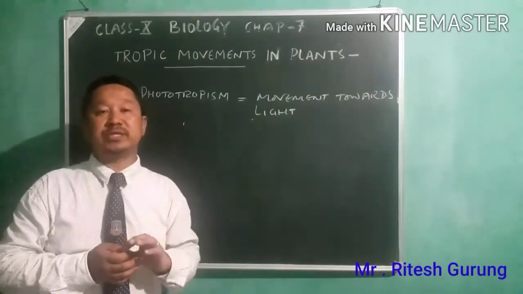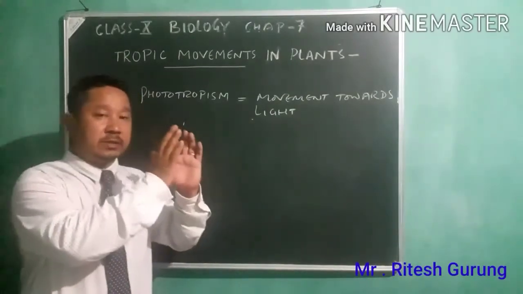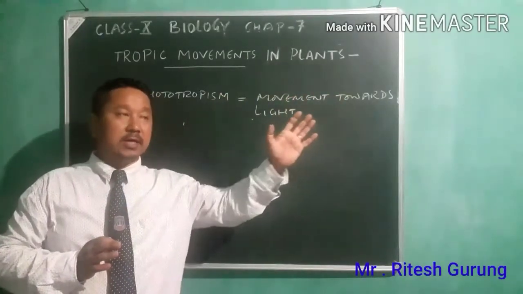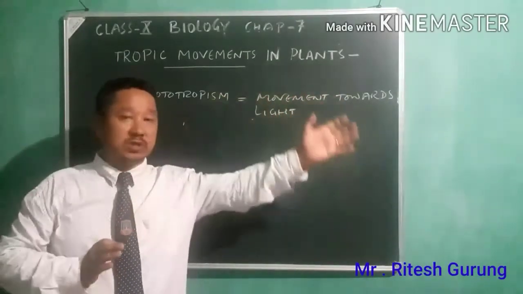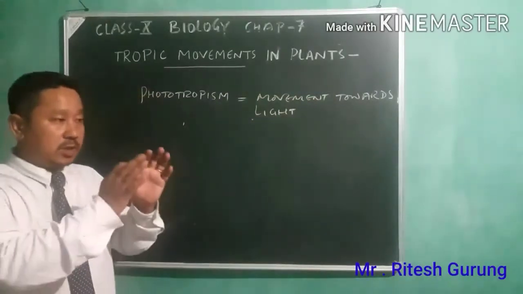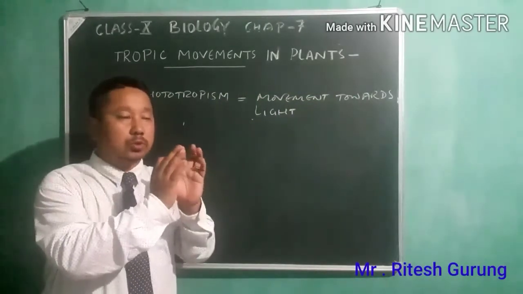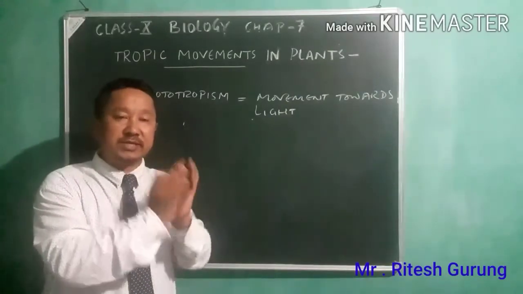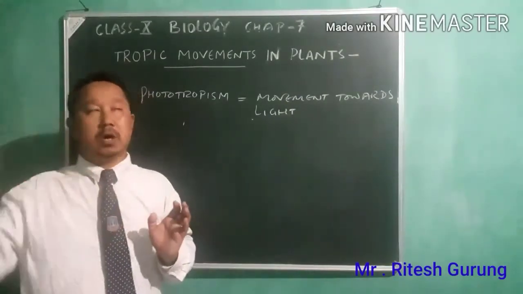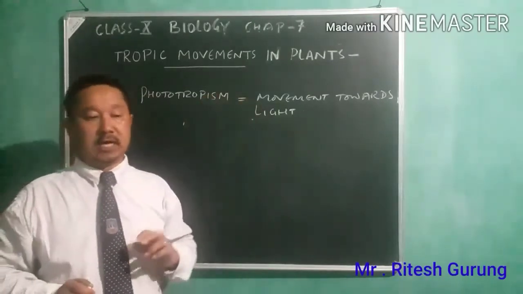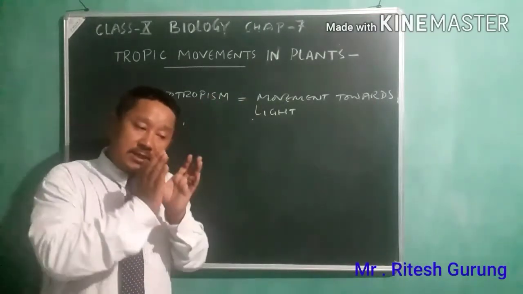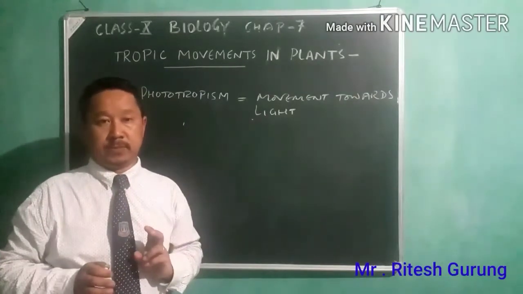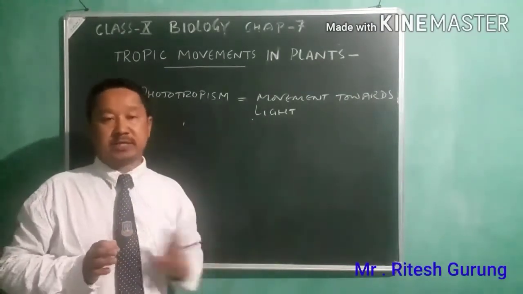In that case, what we see is that the shoot system moves towards the source of light, showing its response towards the source of light, whereas the exposed roots we see moving away from the source of light. That means here, in the same plant, we see two different movements, for two different reasons.